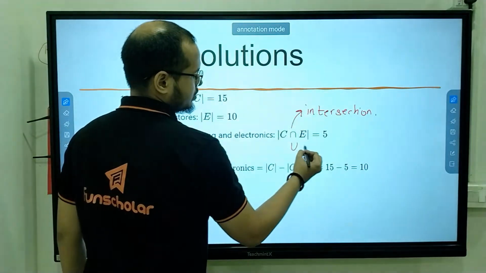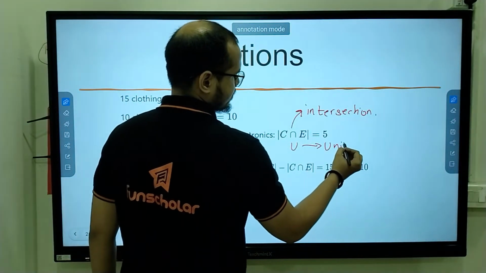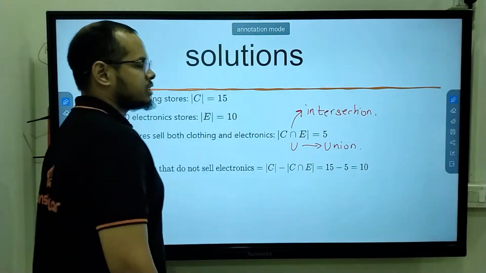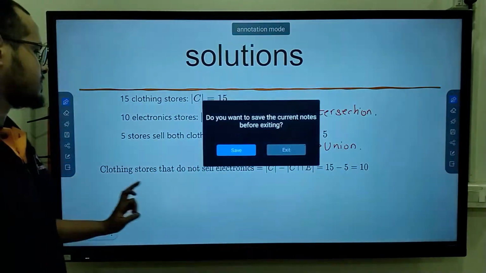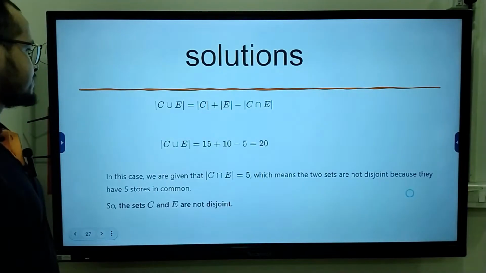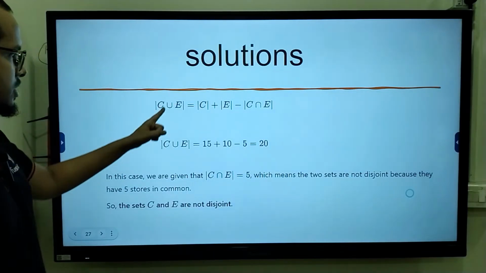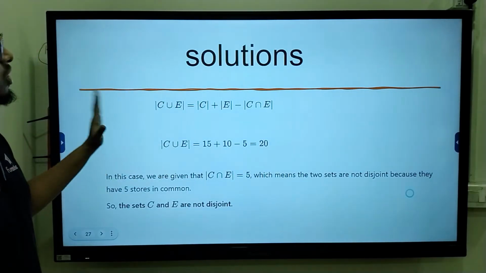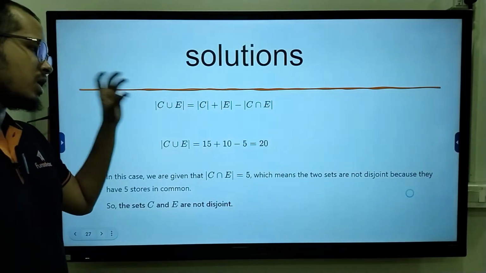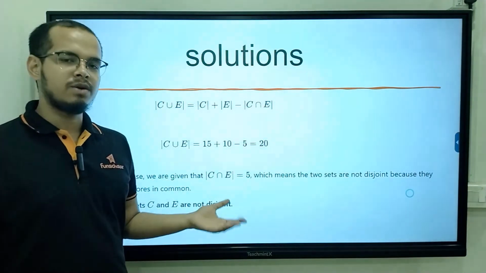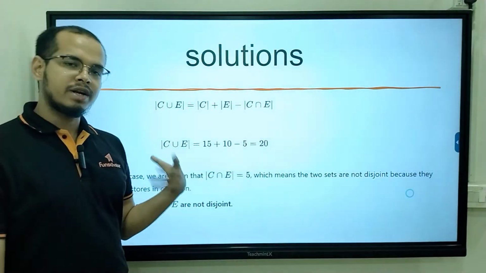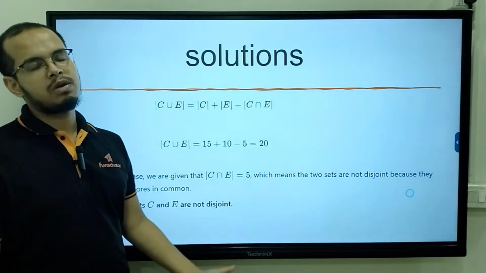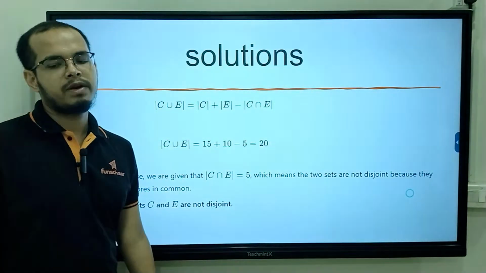This is known as union. These two are the signs present inside sets. I'm not someone who's going to make you memorize formulas anyway. If you understand the basics, you can solve it without needing any formulas.